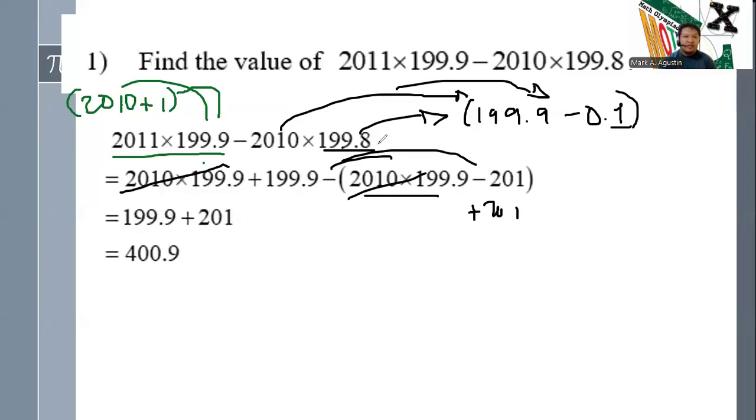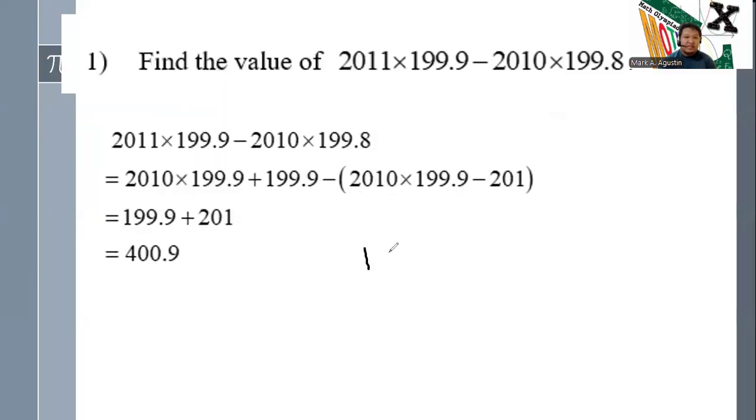Your 199.8 could be expressed as 199.9. We would try to express that one so that it will be common. As you can see, this is quite near to each other. 199.8 is equal to 199.9 minus 0.1. We change that one so that we can perform it and not do a very hard multiplication.